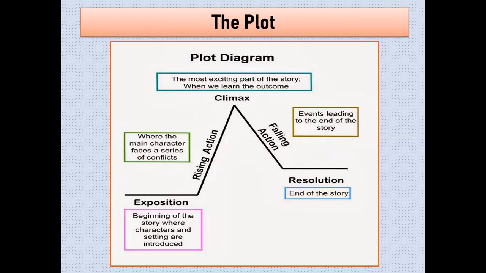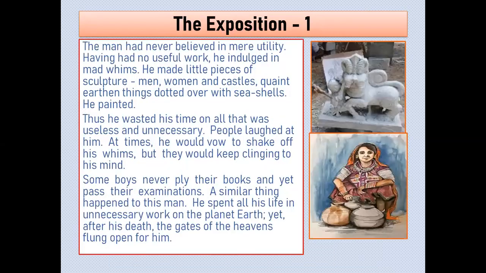So very quickly, let us look at the first part of the story that we have already discussed in the previous lesson. The man had never believed in mere utility. Having had no useful work, he indulged in mad whims. He made little pieces of sculpture, men, women, and castles, quaint earthen things, dotted over with seashells. He painted. Thus he wasted his time on all that was useless and unnecessary.